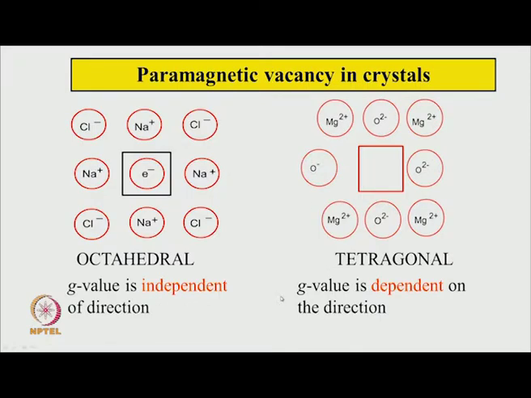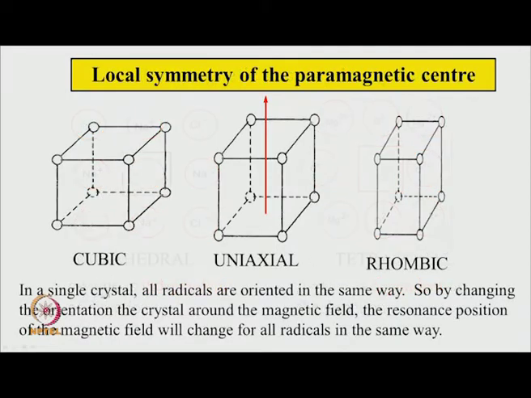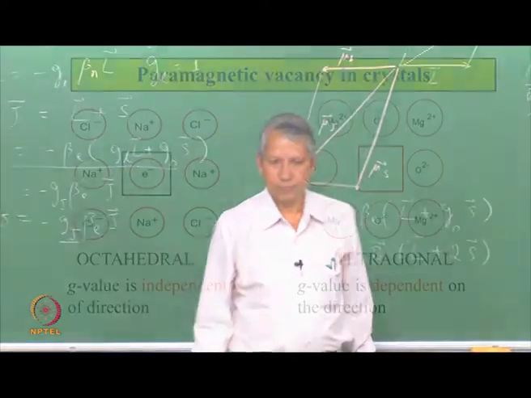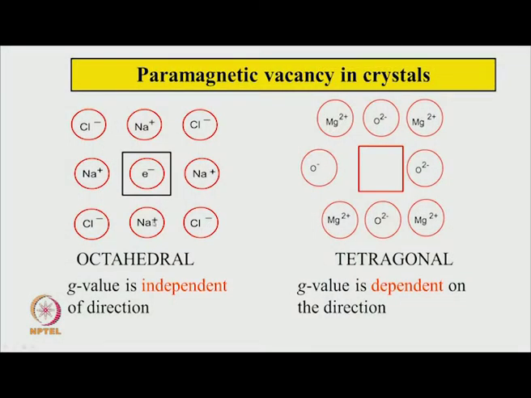Now, we take some examples of EPR in crystals. In a single crystal, all radicals are oriented in the same way. So, by changing the orientation, the resonance position of the magnetic field will change for all the radicals in the same way. As you rotate the crystal, all the radicals inside will experience the same magnetic field. Now, here is an example of a paramagnetic center trapped inside a sodium chloride crystal lattice.